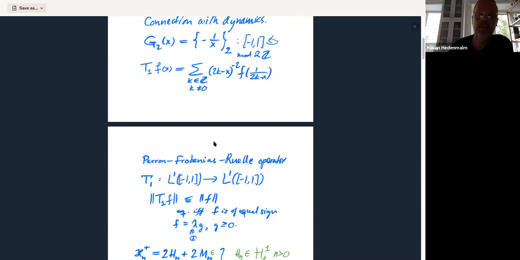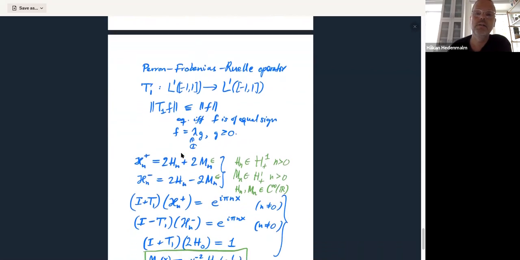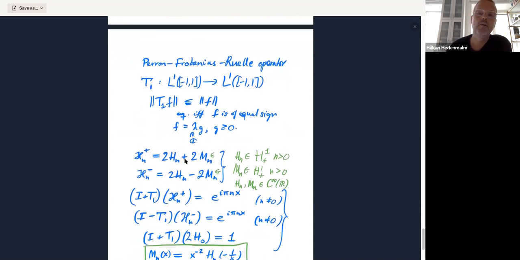And well, there are many properties here. You could easily see that it contracts the L1 norm, and it's only possible to have equality if f has equal sign. So it's basically positive times a constant.